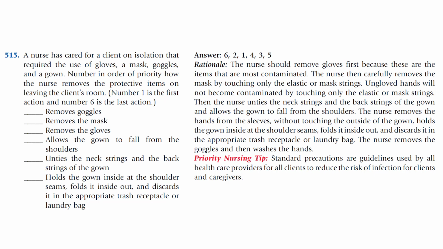The nurse removes the hands from the sleeves, without touching the outside of the gown, holds the gown inside at the shoulder seams, folds it inside out, and discards it in the appropriate trash receptacle or laundry bag. The nurse removes the goggles and then washes the hands.